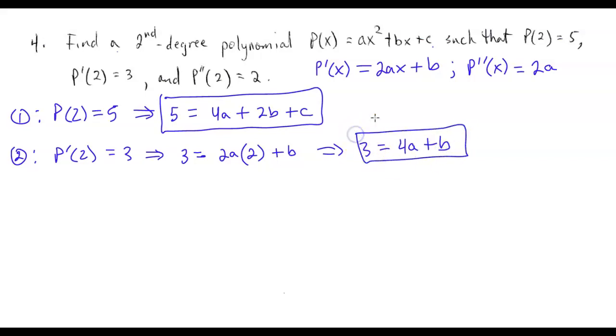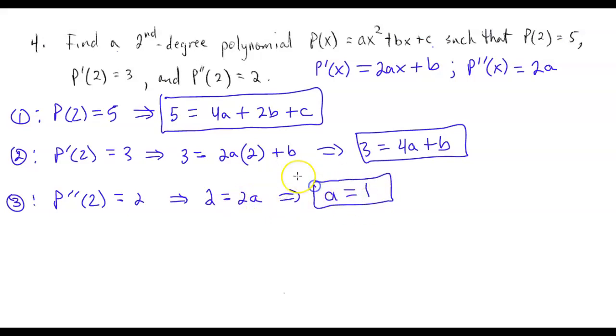That is my second equation. For the third equation, the second derivative at 2 is equal to 2. Using this equation, if I let x equal 2, the second derivative at 2 equals 2, so 2 is equal to 2a. If we divide both sides by 2, this tells us that a is 1.